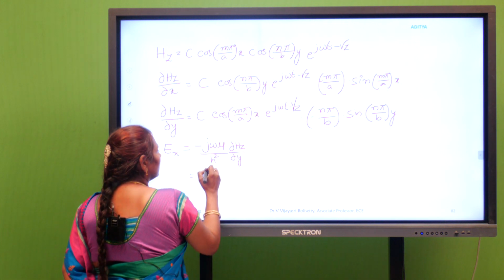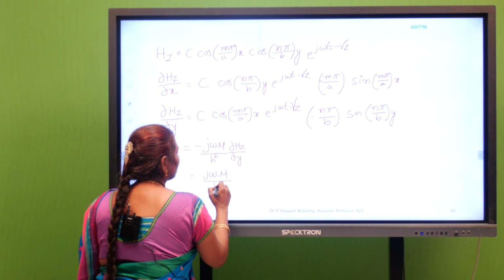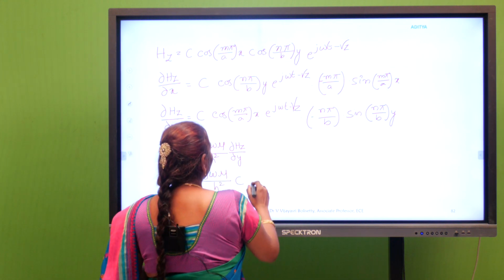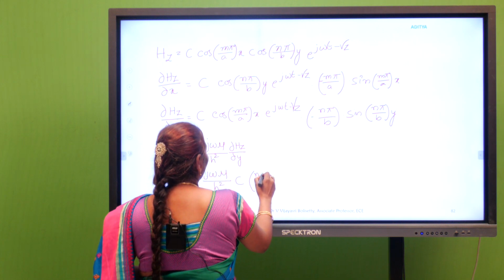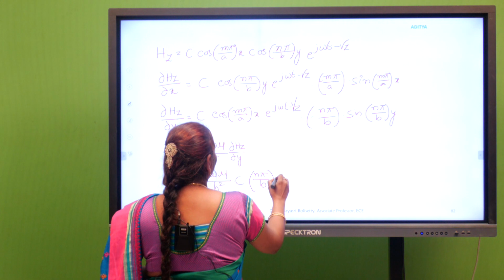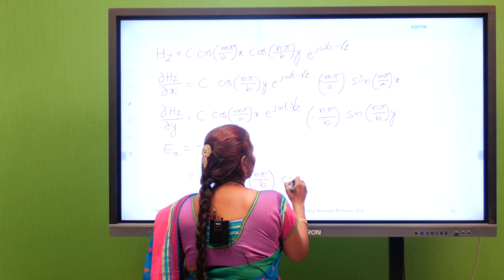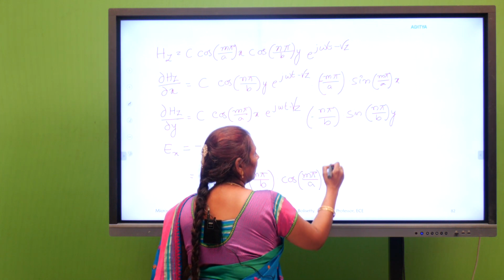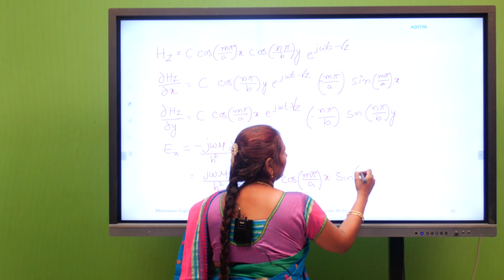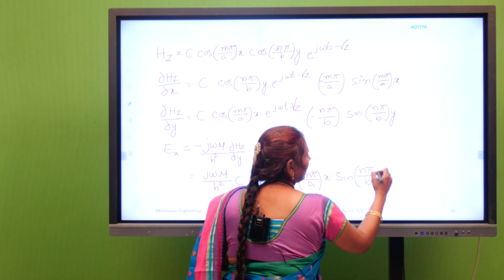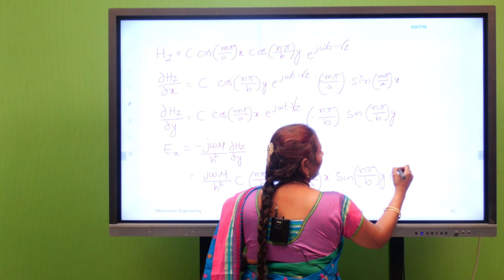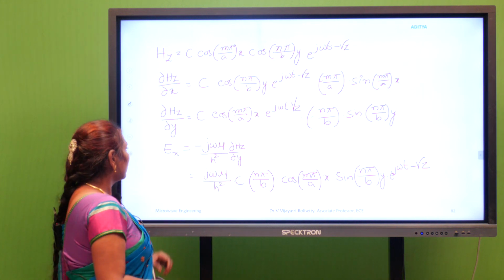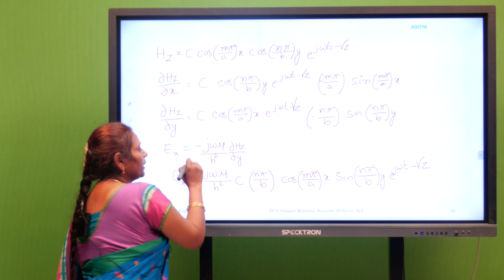So we write it as j omega mu by h square into c into n pi by b into cos m pi by a x sin n pi by b y into e power j omega t minus gamma z. So this is the field expression with respect to x.